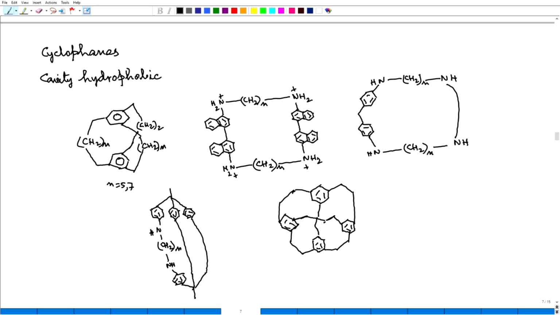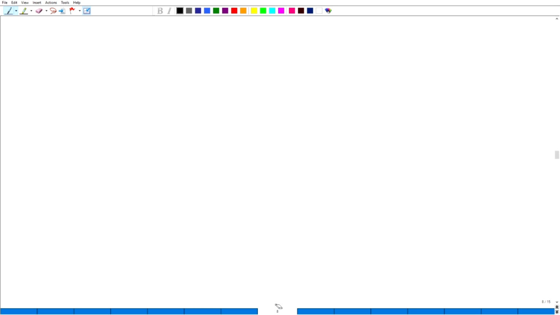Finally, I will show you one more interesting cyclophane. It's very difficult to show you, but still I will try. I am not going to be discouraged from writing.